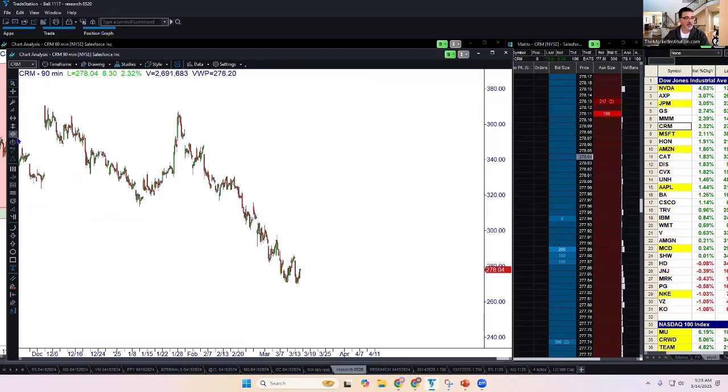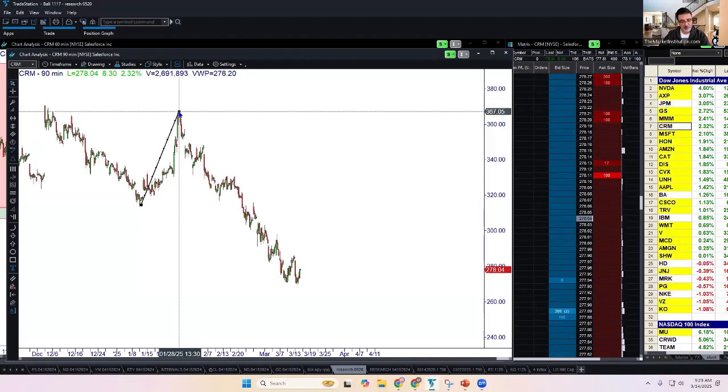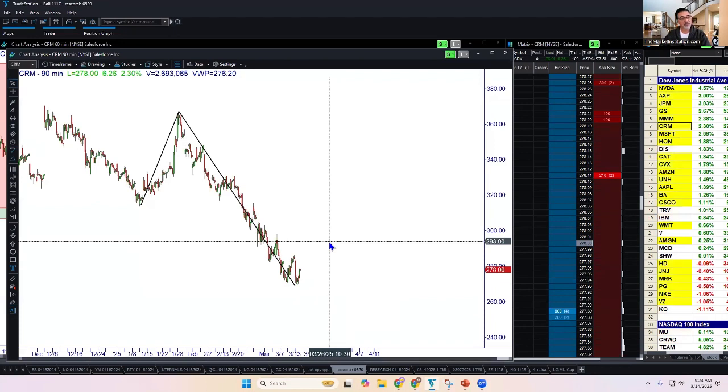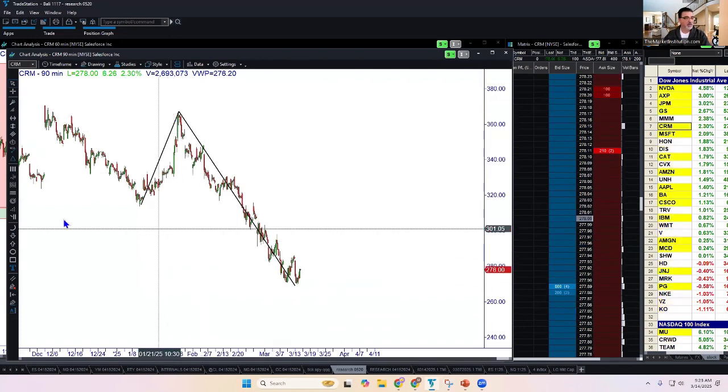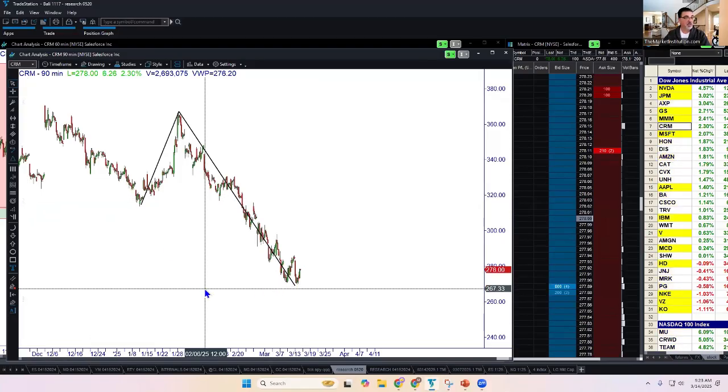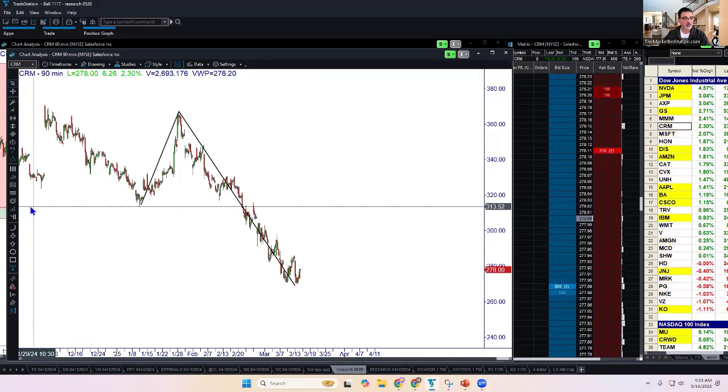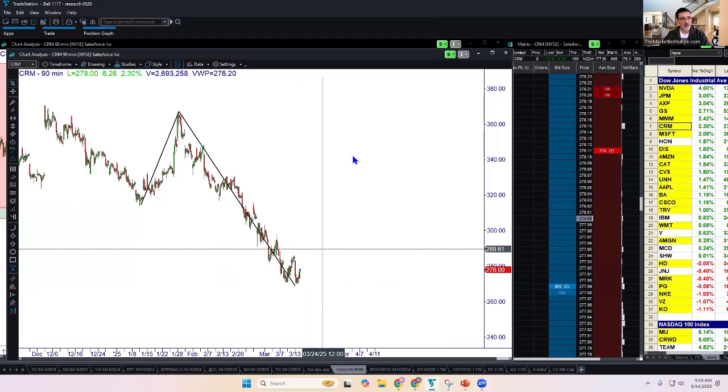CRM on a daily chart, as a trade example. Notice that we have a price swing up and now a price swing to the downside. It's a nice steep slope. So I want to know, is this potentially a V pattern? Because that would give us a nice strong momentum move back up.